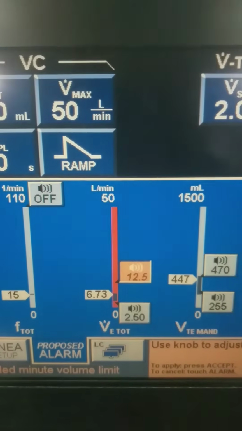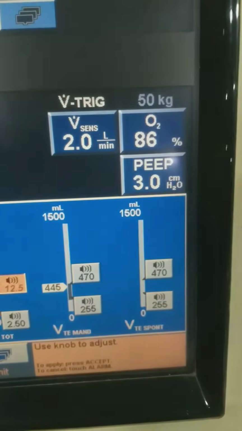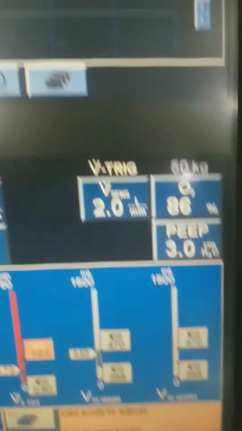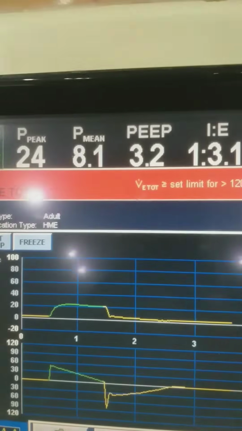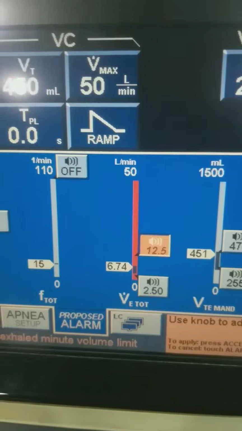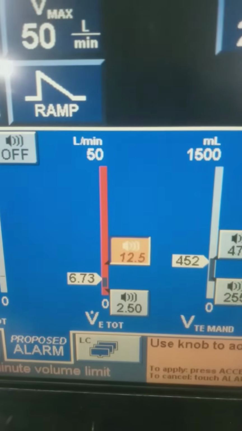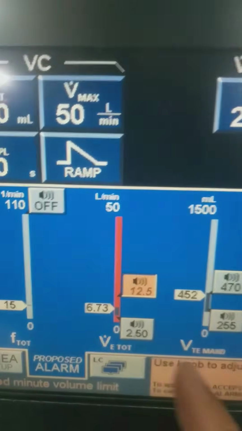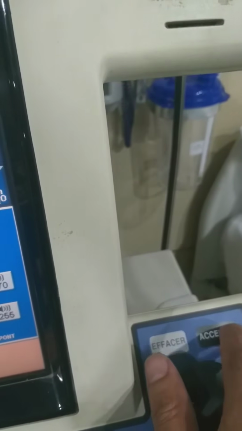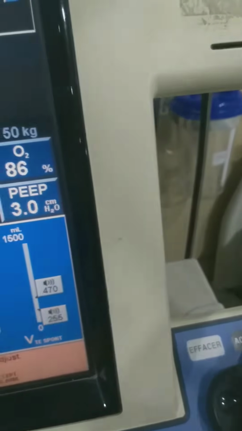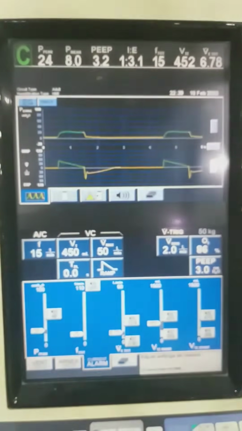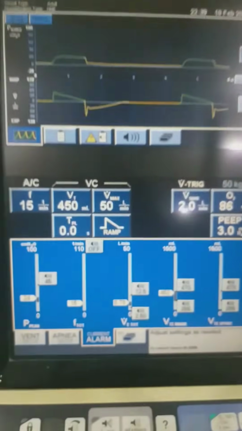Now we can change it with the help of the same knob which we use to dial up or down certain digits. Then see, there are also alarms for the expired and inspired, mandatory and spontaneous tidal volumes. Now with the help of the dial, we changed the alarm setting and then we accepted it, and see, the red alarm has gone off now.